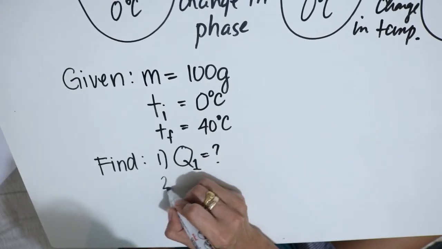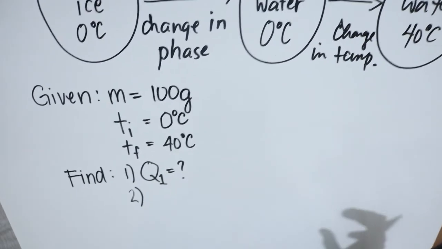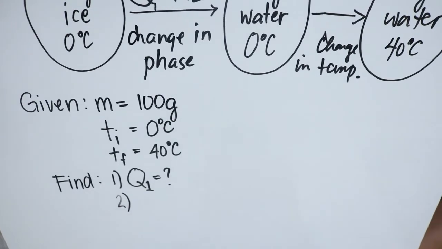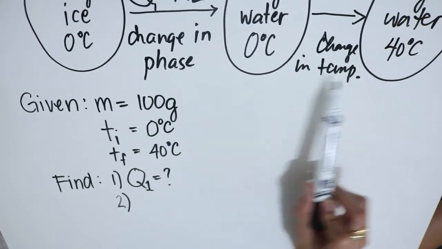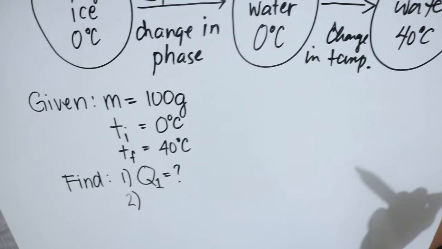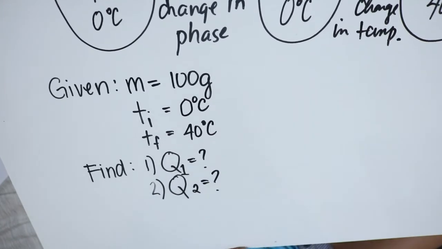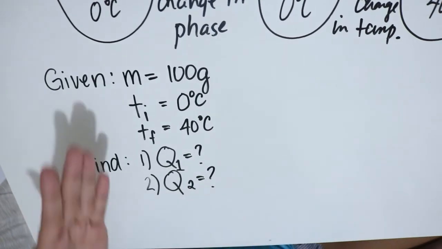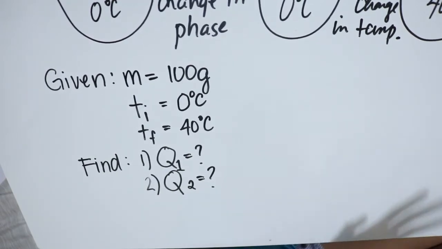Next, number 2. Since the problem is also asking about how much energy will be used when you raise the temperature of water up to 40 degrees Celsius, so from 0 to 40 degrees Celsius, we assigned earlier, we will use Q2. So we'll write Q2 is equivalent to blank. We don't know yet. And then the last part of the problem is from ice in a solid state to liquid water, which the temperature is 40 degrees Celsius, how much total energy will be used?